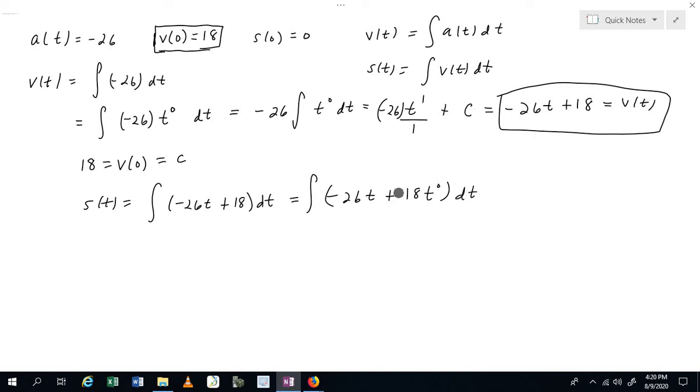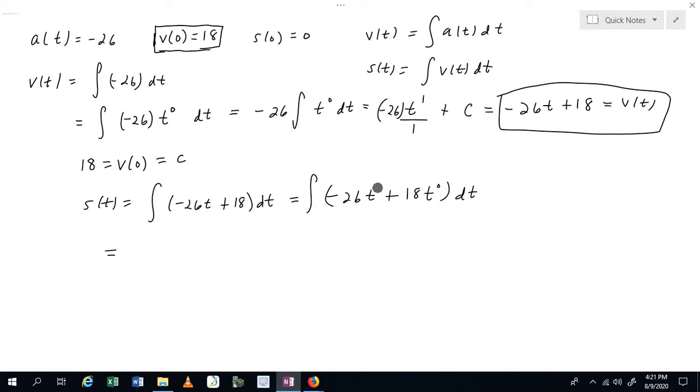That way you can use the power rule to find that antiderivative. The constants can come out in front of the antiderivative operator, and then you apply the power rule to the t here and the t to the 0 there.